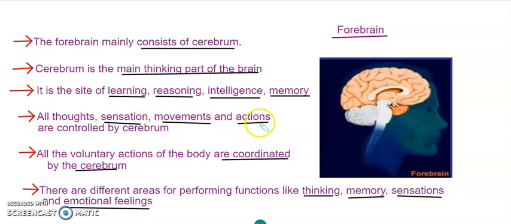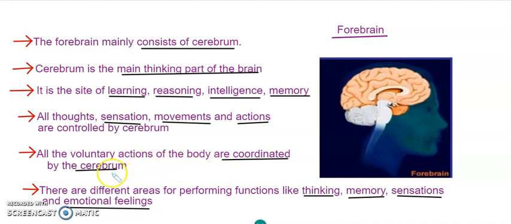These are all again being taken care of and controlled by the cerebrum, but a different part of the cerebrum. Our cerebrum is divided into four categories: frontal, parietal, temporal, and occipital. All the voluntary actions are coordinated by the cerebrum. Voluntary actions means all the muscular movements, head, hand movements, leg movements.